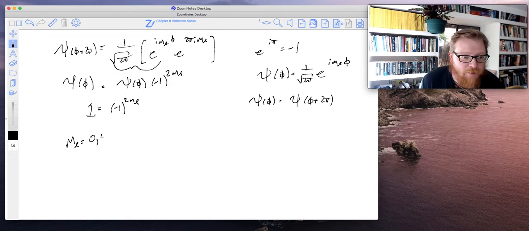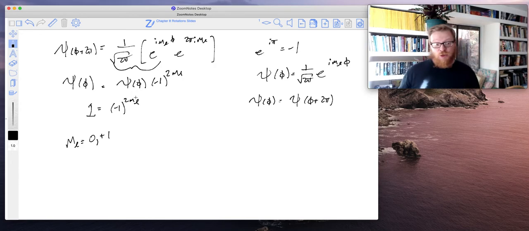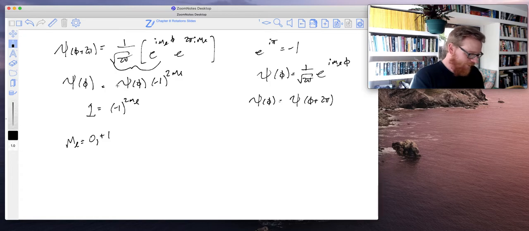Then -1 raised to the 2 times 1 is 2, so -1 squared is 1, so that checks out. But what if this was -1 raised to the -2 power? I'm going to do this just to prove that it works. -1 raised to the -2 power is still +1. So plus or minus 1 works.